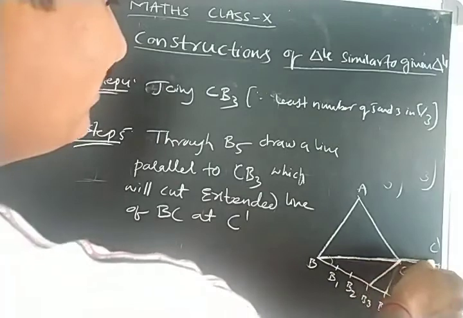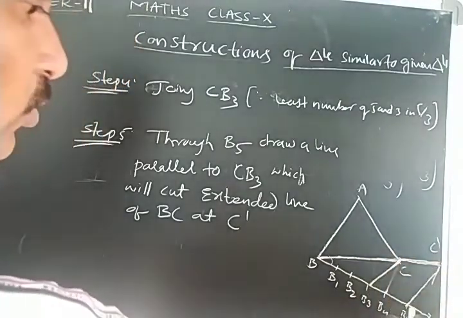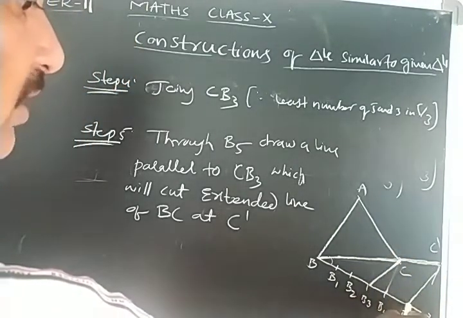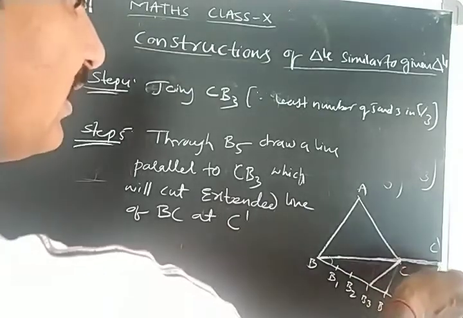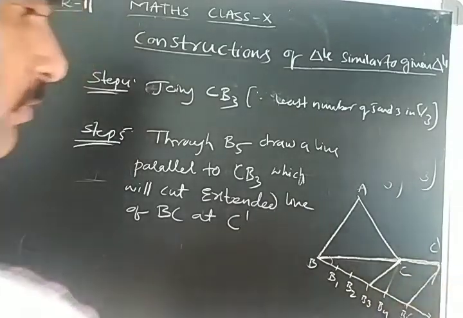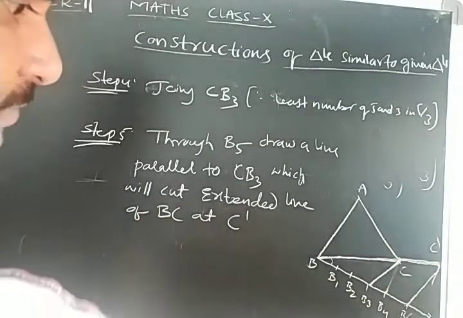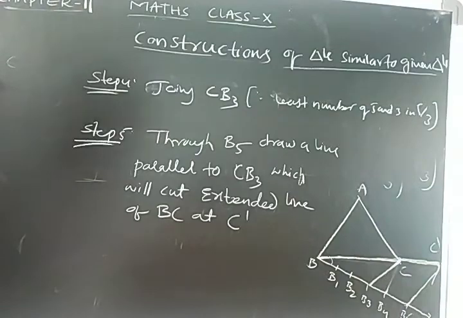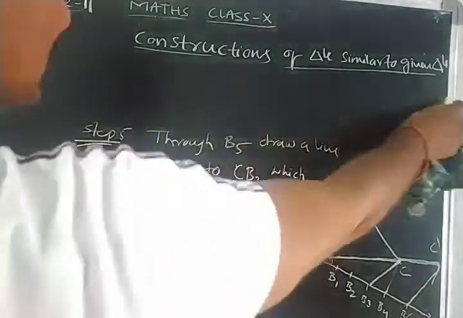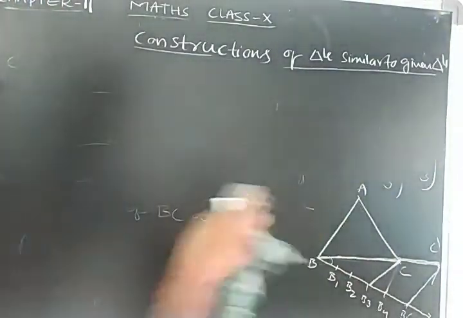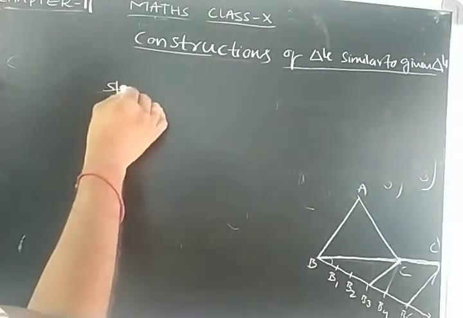I am extending it. After extending, you have to draw a line through B5 which is parallel to CB3. It will cut this extended line at some point; call that point C dash. After drawing the line parallel to CB3 passing through B5, go to step 6. Now step 6.